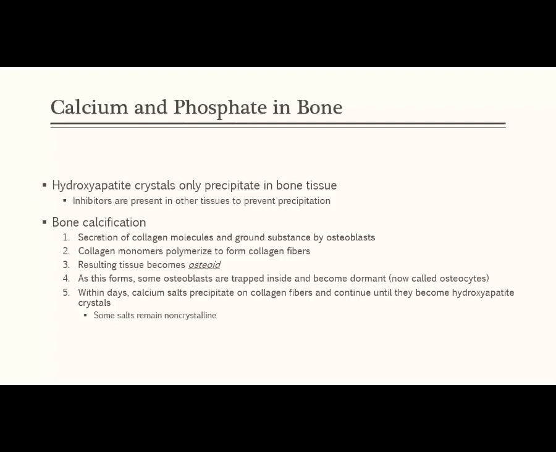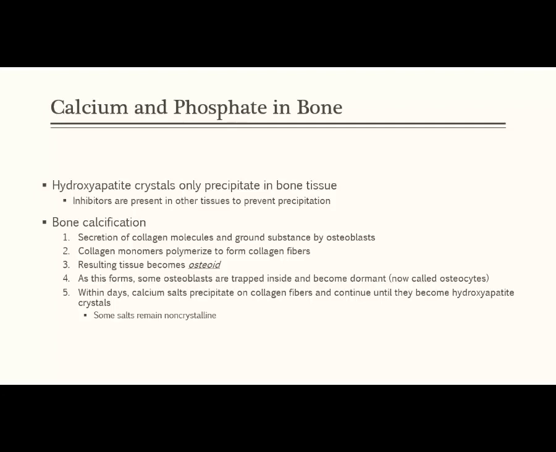And that collagen only tissue, or collagen and proteoglycan tissue, is called osteoid. Now, some of the osteoblasts get trapped within the osteoid and they become dormant. They can't keep making bone once they are trapped, so then they're called osteocytes.